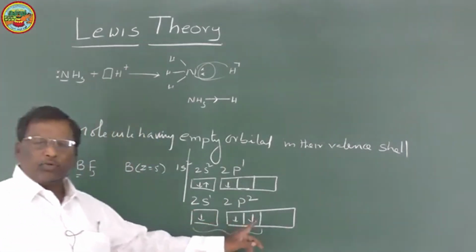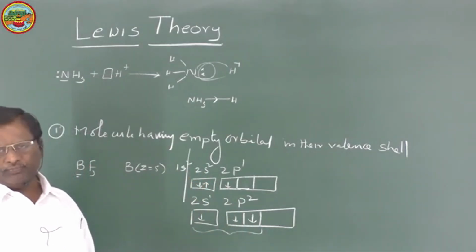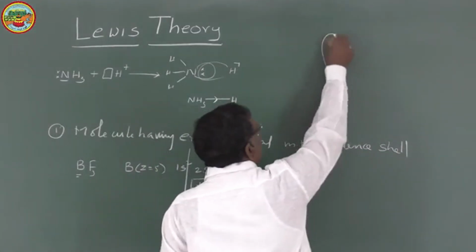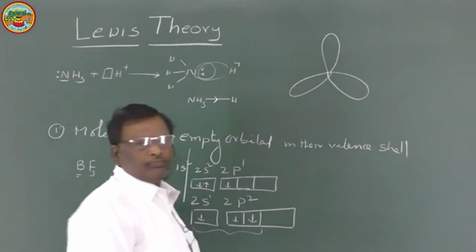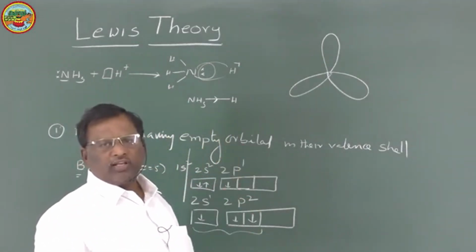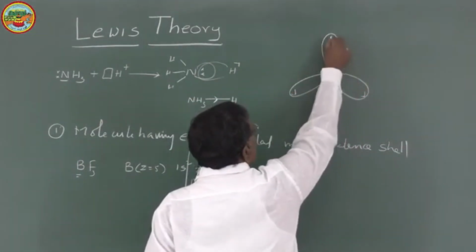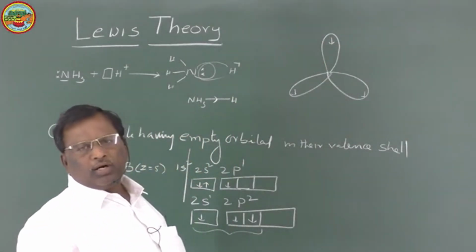Now boron is in a position to form 3 covalent bonds. It undergoes sp2 hybridization, so 3 sp2 hybrid orbitals are formed, which are in a planar trigonal shape, and each orbital accommodates 1 electron and is in a position to form bonds.